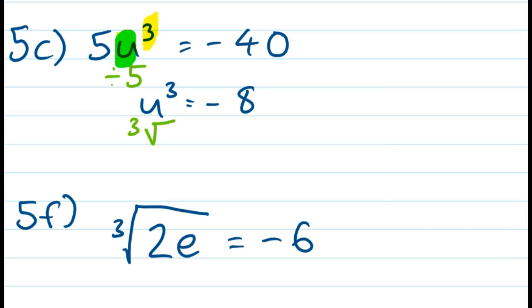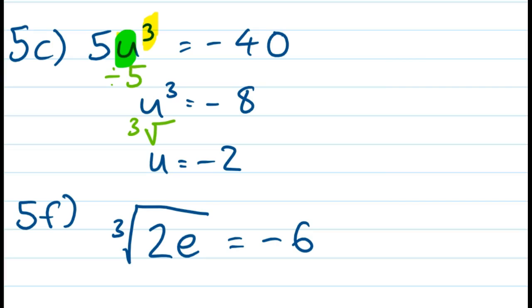That's the cubed root button. And that question asks the calculator, what times itself 3 times makes -8, and it should give you the answer u equals -2. Okay, so with that one, first we get rid of the 5, then we cubed root it.